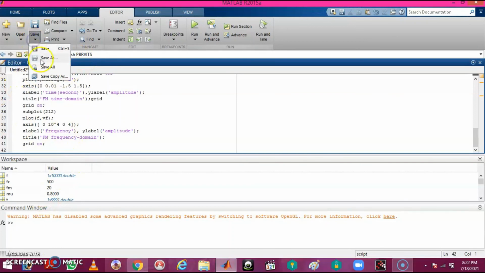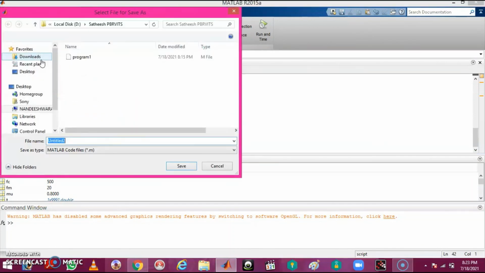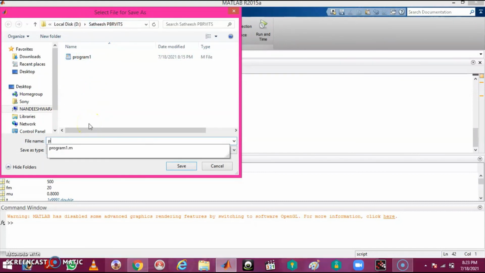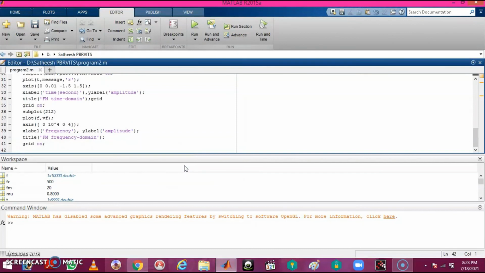So we'll be clicking save as. Already I have created one folder, Sadish PBRVs. In that folder, I am saving this program. I am giving the name as program 2. And I am saving.